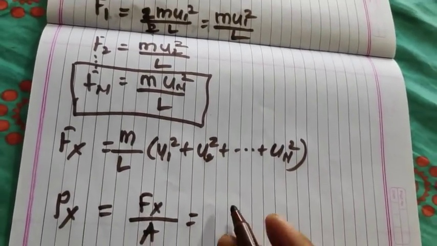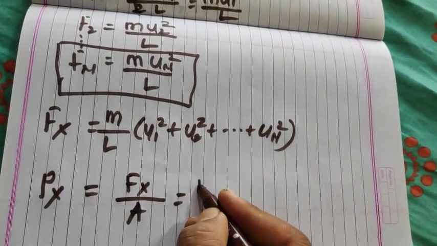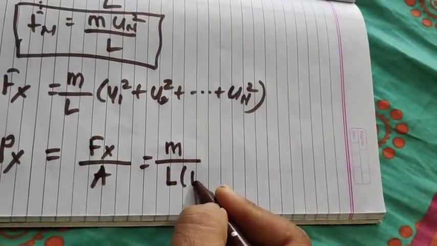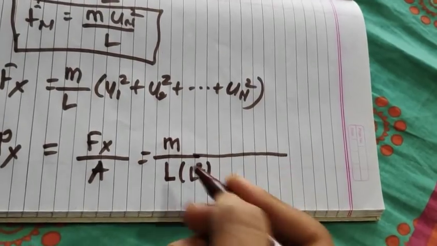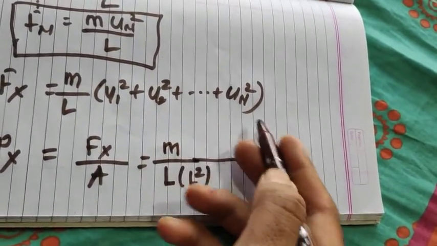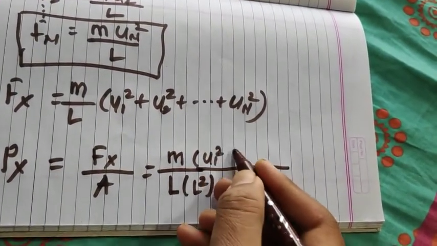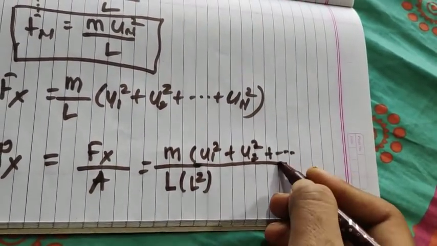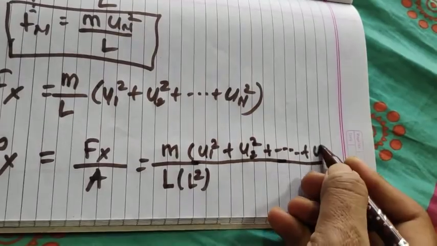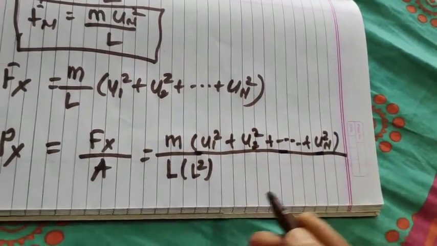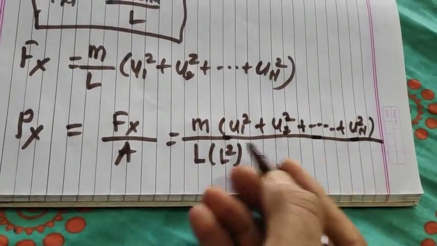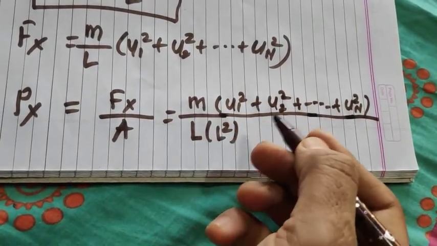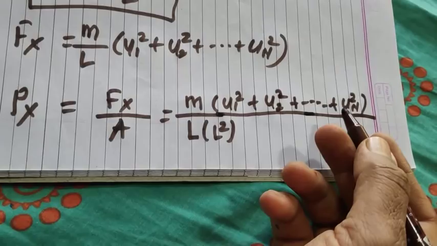So we have Fx as m by L, the area is L square, and we multiply by the entire u1 square plus u2 square plus up to un square. So this is px. We have m by L, and the rest all is the component along the x-axis.